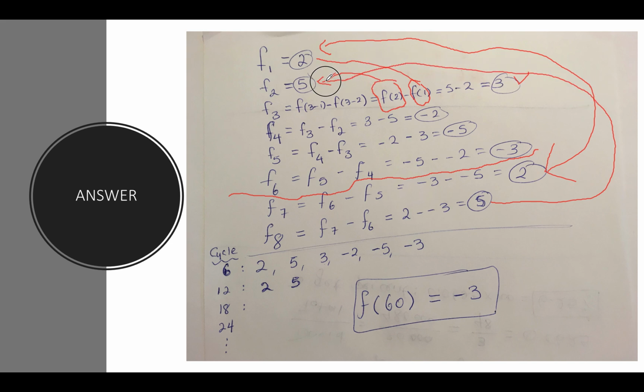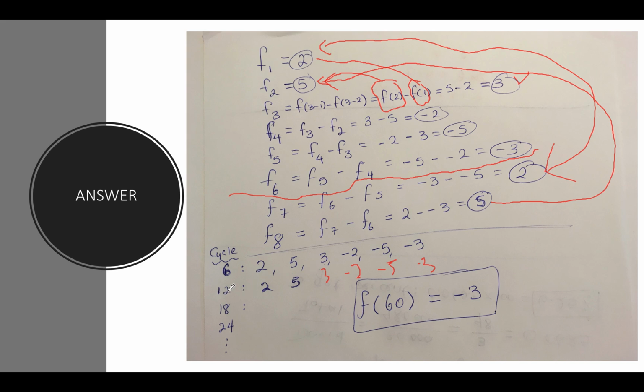Notice that? So f of 7 is f of 1, f of 8 is f of 2. So it's safe to say f of 9 will be 3, f of 10 will be negative 2, f of 11 will be negative 5, and f of 12 will be negative 3.